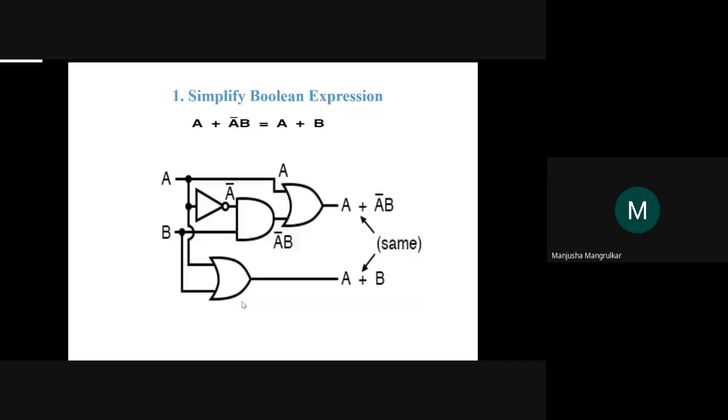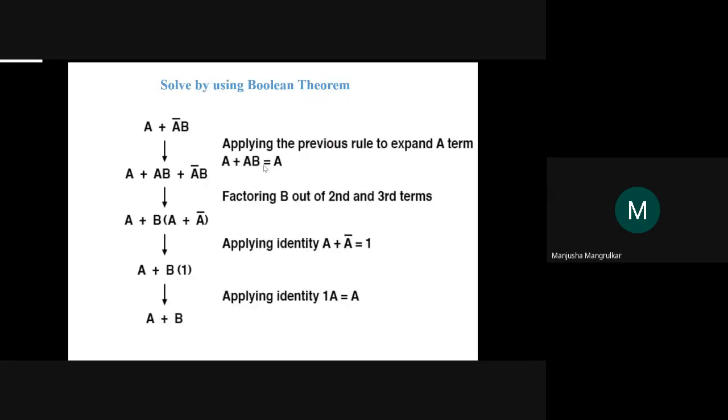So we are applying this here. A is equal to A plus AB. Now instead of this A, we'll put A plus AB. Clear?